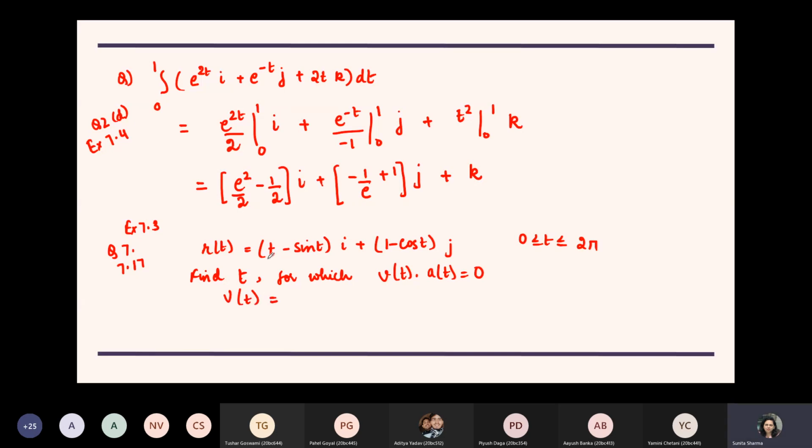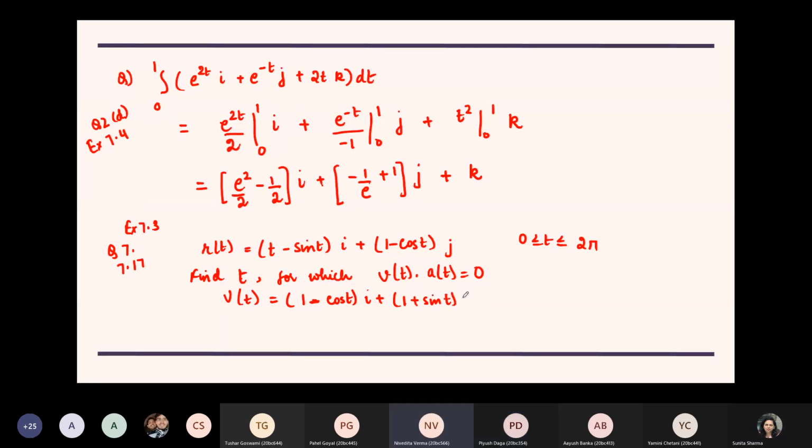Now we are differentiating with respect to t. Okay, so what is the derivative? One minus cos t, and sin t.